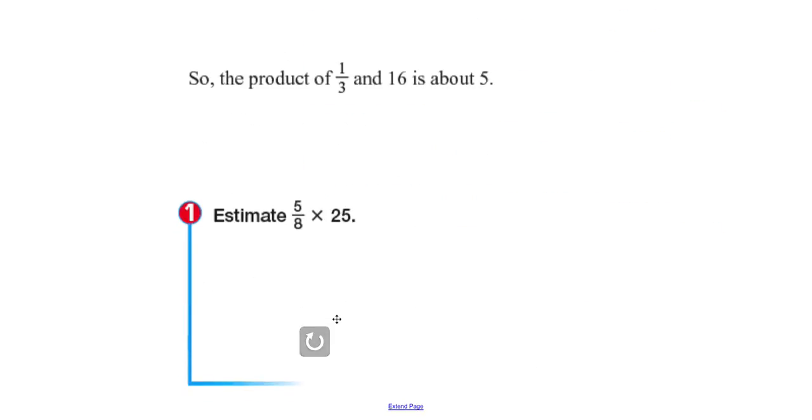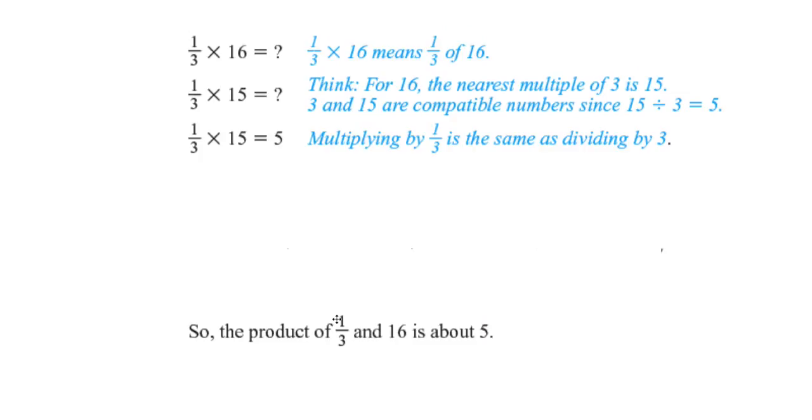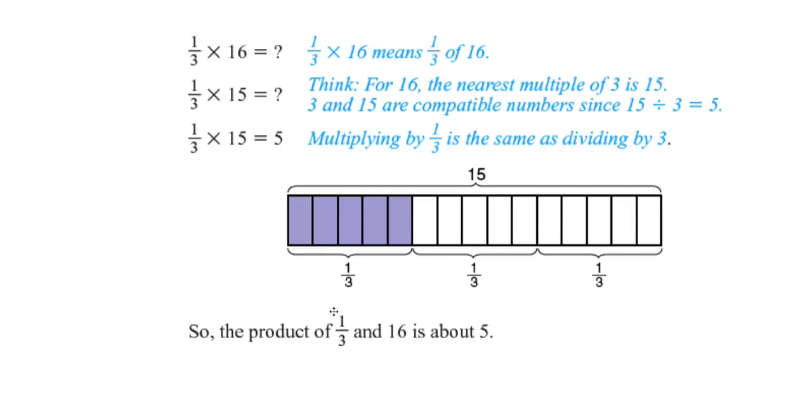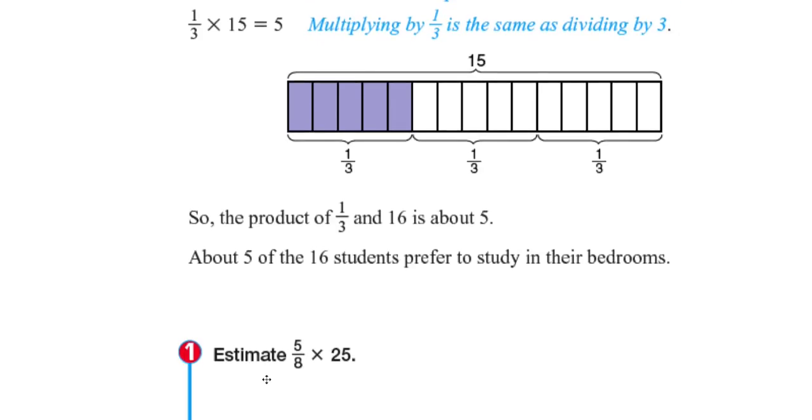If we put this on a model, that's 15, and that's 1/3 of 15, that's another third, and that's another third. So the product of 1/3 and 16 is about 5, because that's 1, 2, 3, 4, and 5. So about 5 of the 16 students prefer to study in their bedrooms, and that's how you estimate it.